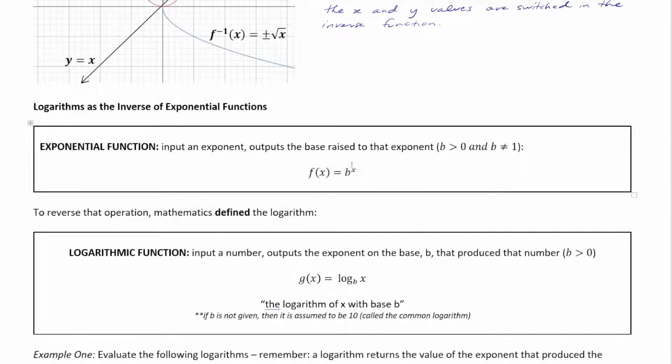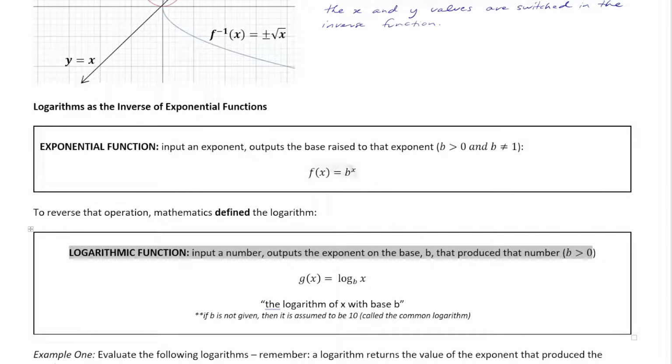If we were to undo or reverse that operation, so we're inputting an exponent and it outputs the product, the reverse operation is as follows. You input a number and it outputs the exponent on the base that produced that number. That's what a logarithm is.